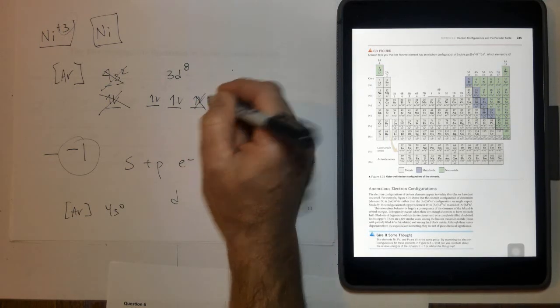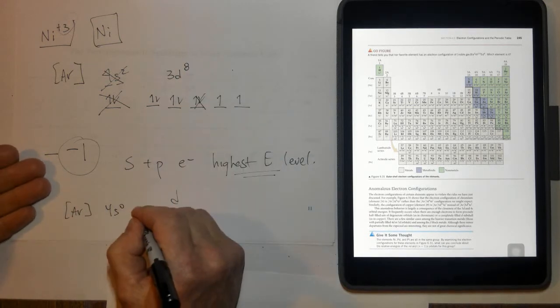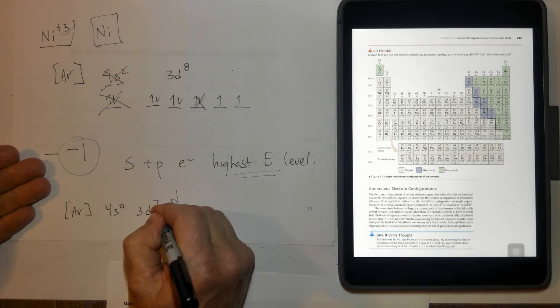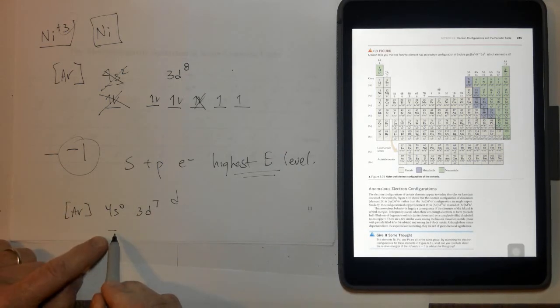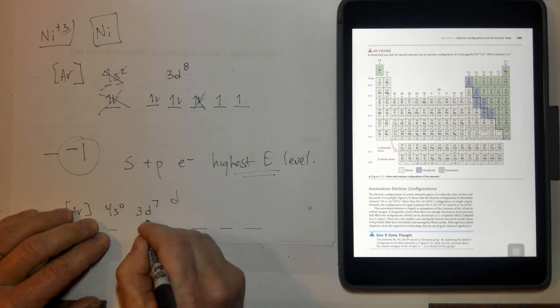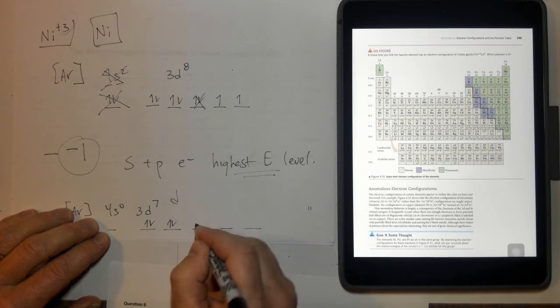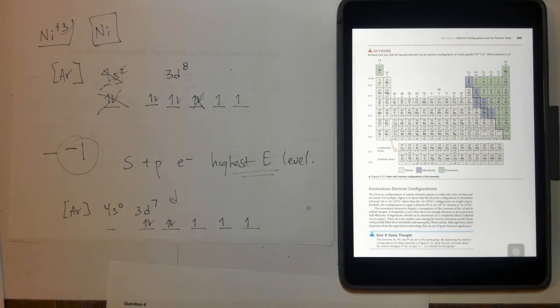Take 1 away from right here, and so you'd get rid of 1 of these 3d electrons, so you'd end up with 3d7 instead of 3d8, and so then you'd have an empty orbital right here, and then in the 3d orbitals you'd end up with 2 of them that are paired, and then 3 that have unpaired electrons in them as well. 3 unpaired electrons in that Ni+3 electron configuration.